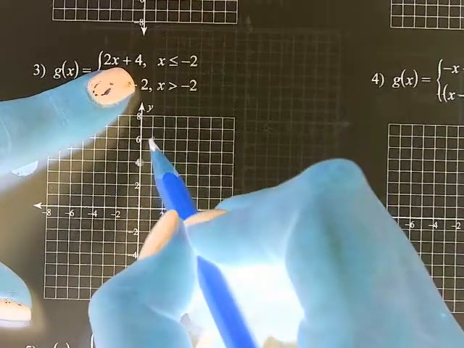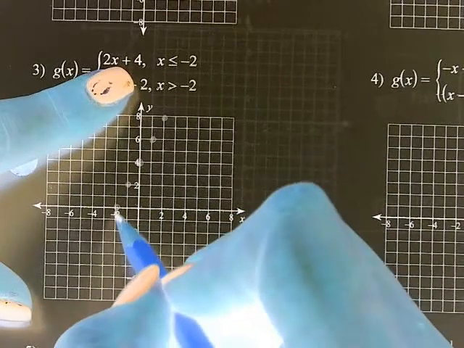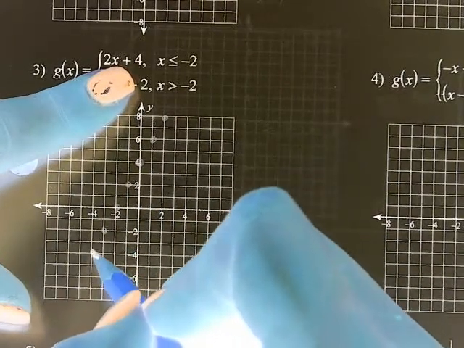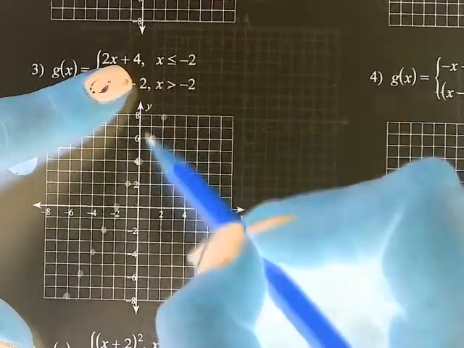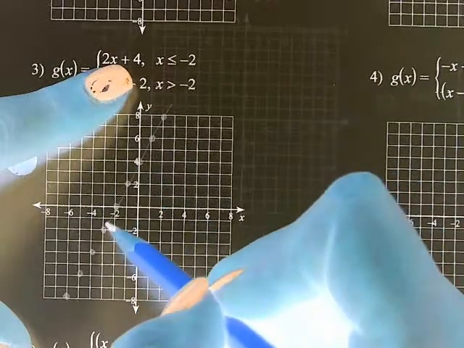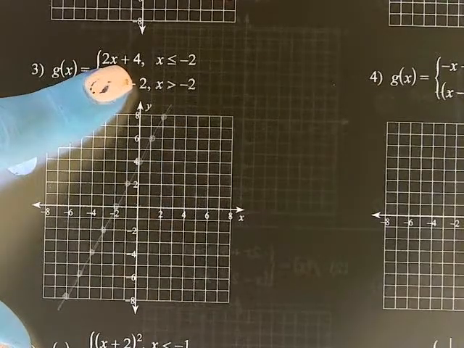Up 2 over 1. I'm going to go in each direction, and I'm doing this lightly and in pencil. Why am I doing it lightly and in pencil? I'm going to have to erase part of it. Okay, so there's my line, lightly and in pencil.